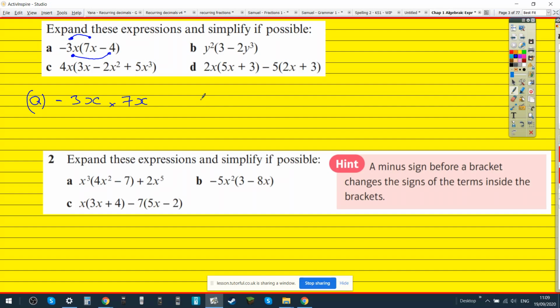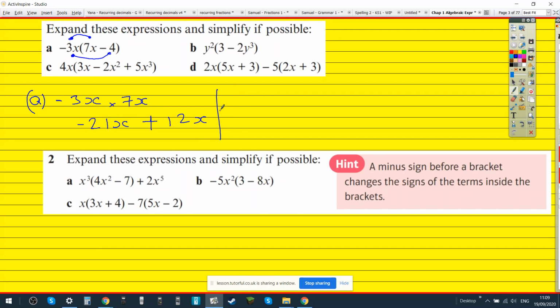So it'd be minus 21x squared. Yeah. And then how about the second bit? Minus times minus, would it then be a positive? Yeah. So it'd be 12x. Well done.